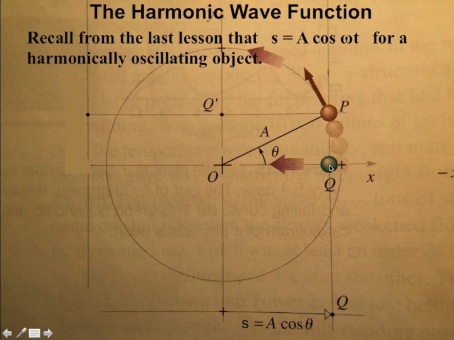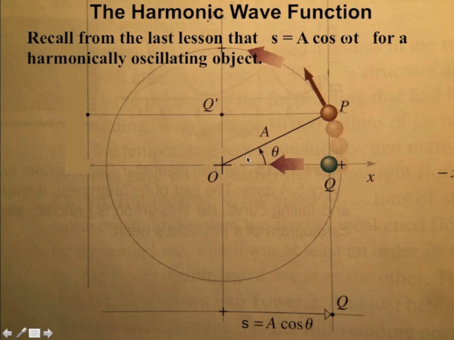And so the s that we're talking about is this distance OQ, the distance from the center O to the point Q at any time during the simple harmonic motion. And that's given by A cosine theta, which is the same as A cosine omega t, as we saw in the last chapter. Now, why A cosine theta?